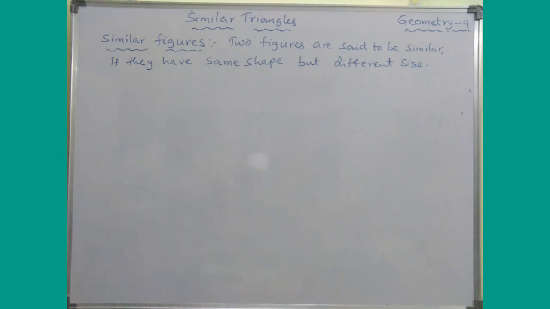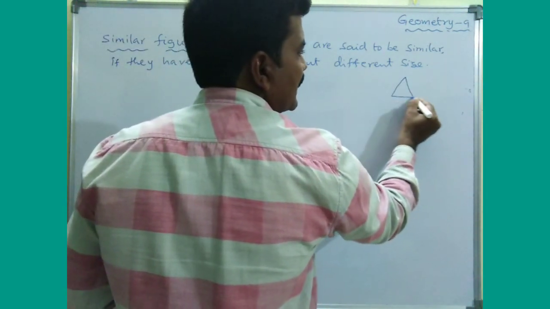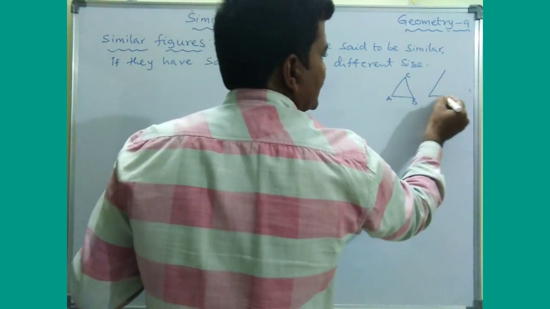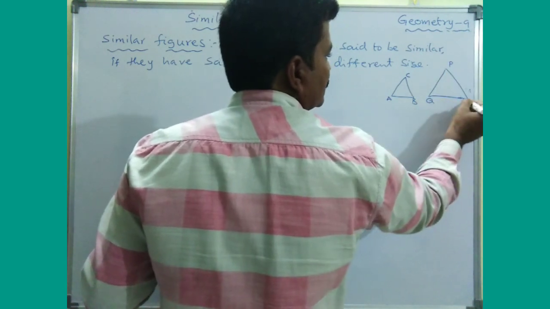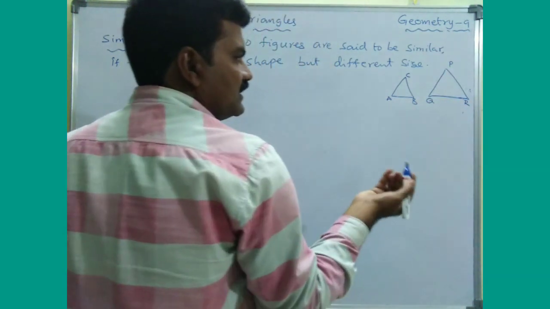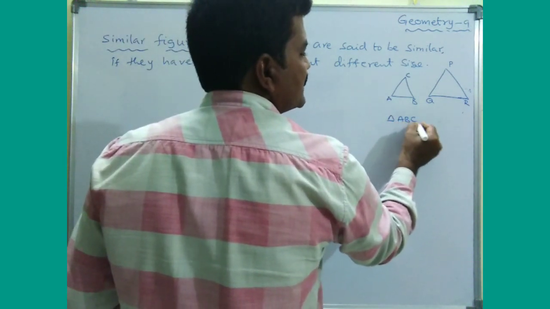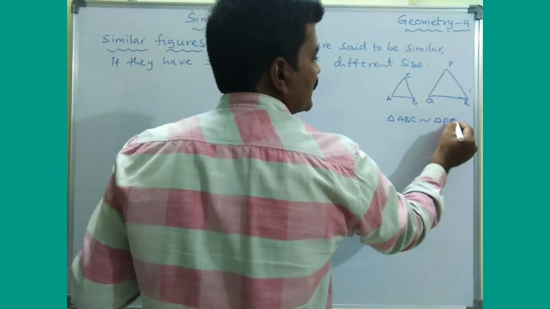Okay. So for example, let it be a triangle ABC. Let it be another triangle PQR. So clearly I can say that triangle ABC is similar to triangle PQR.